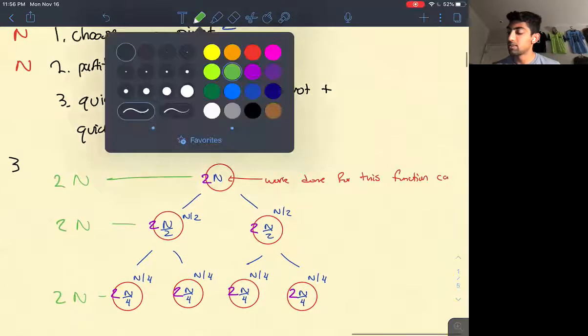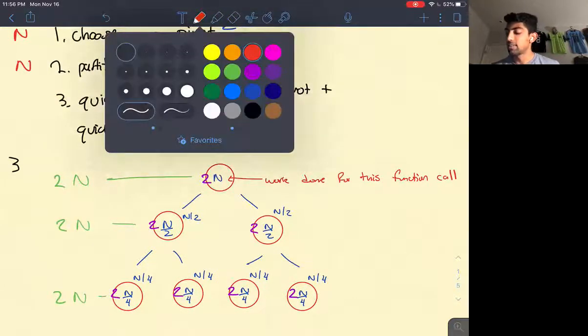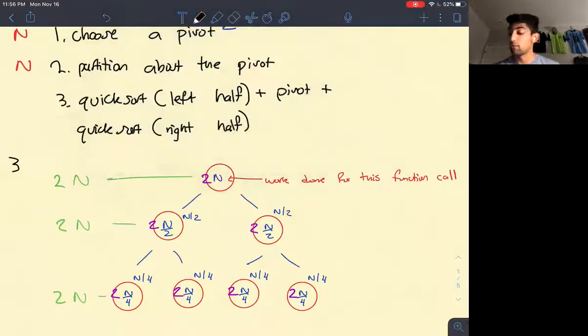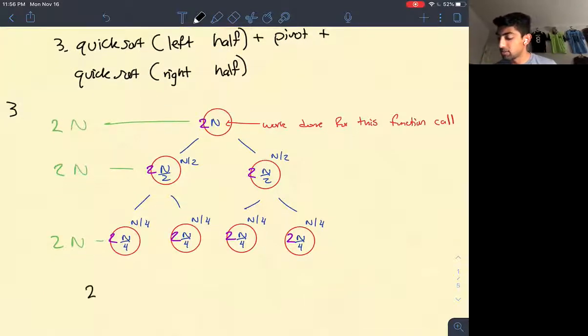With this in mind, we can deduce that the total runtime of quicksort when using a median finding algorithm is going to be 2n times log n.